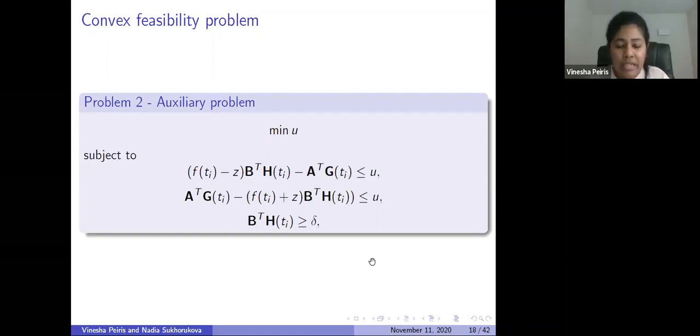For the classical rational approximation and the generalized rational approximation, this convex feasibility problem is reduced to a linear programming problem. So we solve this problem 2 and check the value of u. If u is less than or equal to 0, then problem 1 is feasible. If u is greater than 0, then problem 1 is infeasible.